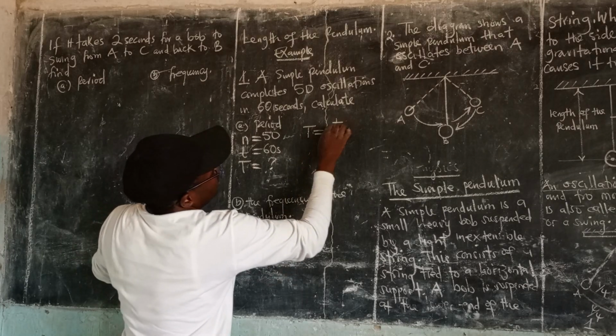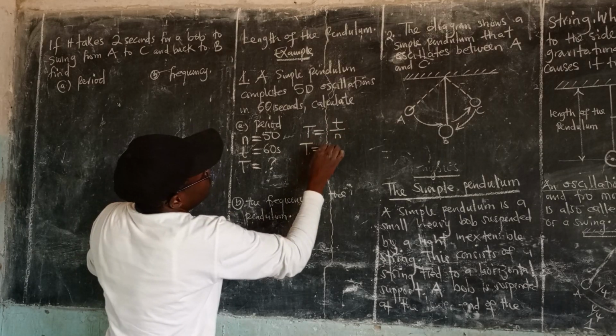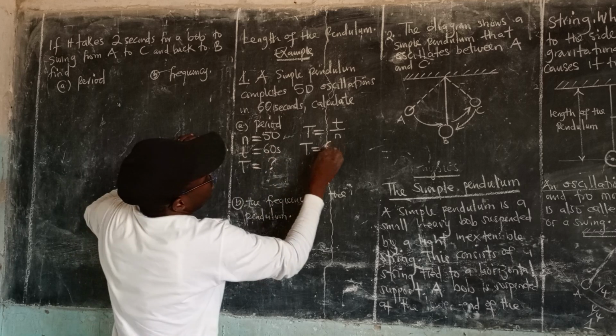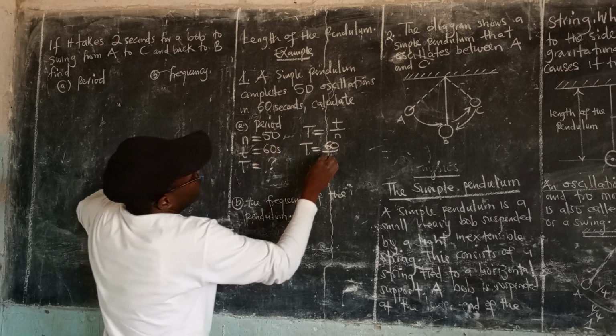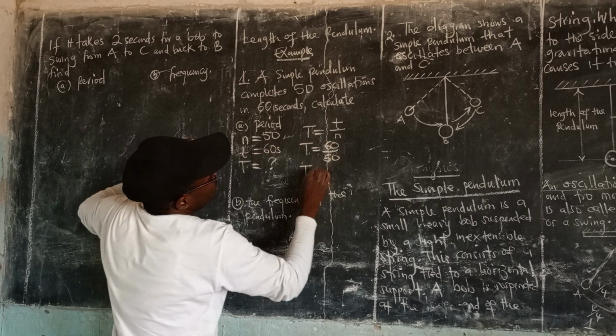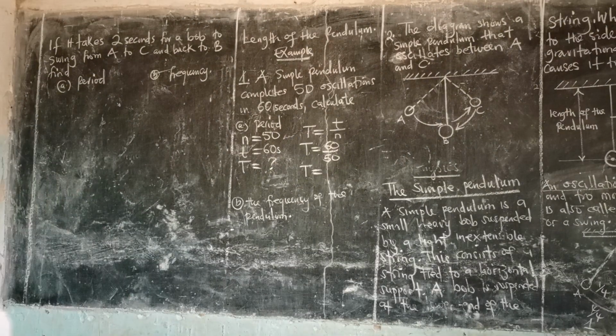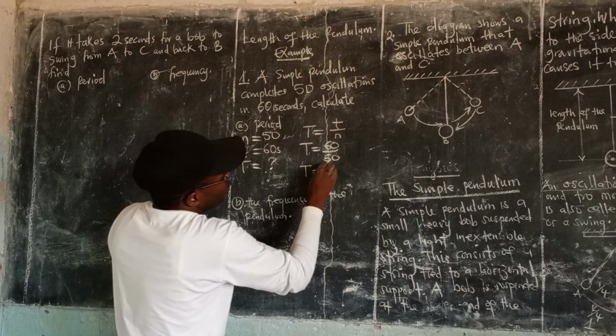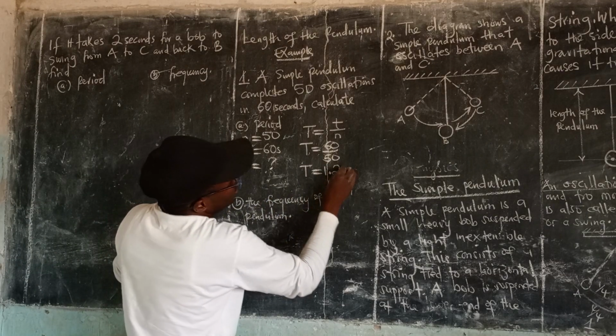So T is equal to t over N. What is our t there? 60, divided by 50. Which is our T is equal to 1.2 seconds.